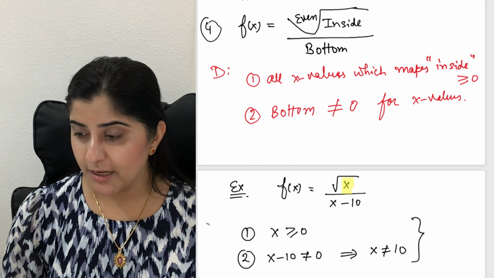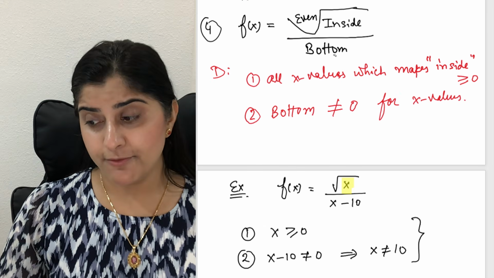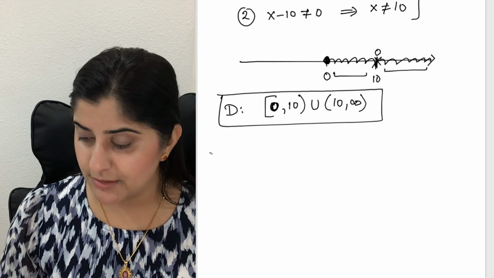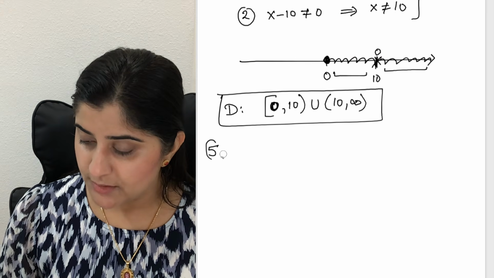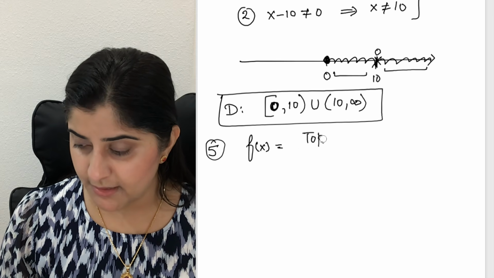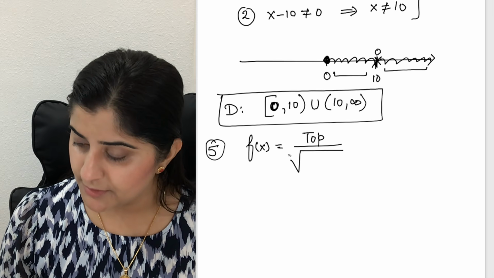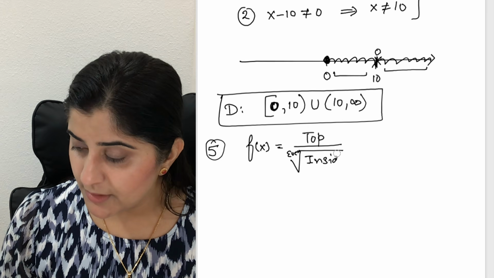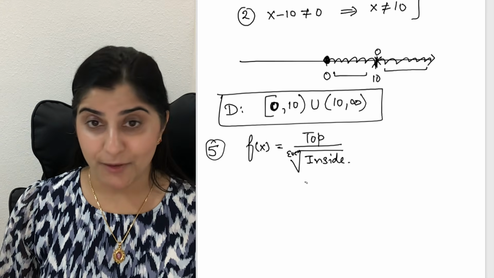Now let's talk about if you have a fraction but the even root is in the denominator. Let's talk about those conditions. So if you have a fractional function with the top, but the bottom is the even root, now we have two conditions for the bottom.